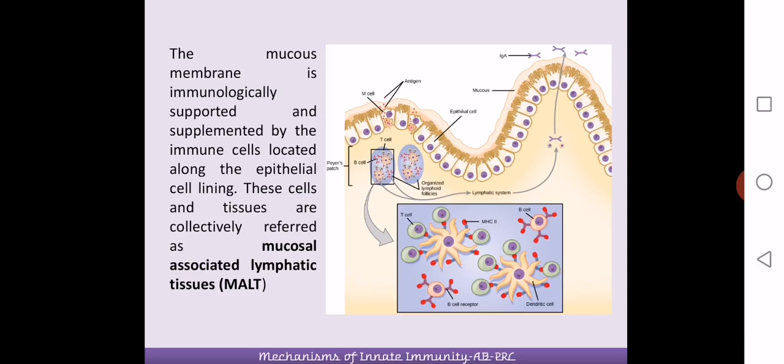Just beneath this mucus layer, there are certain immunological cells ready to attack any foreign substance which penetrates the mucous membrane. Usually B cells, T cells and various dendritic cells will be ready to provide protection and assistance to the mucous membrane.